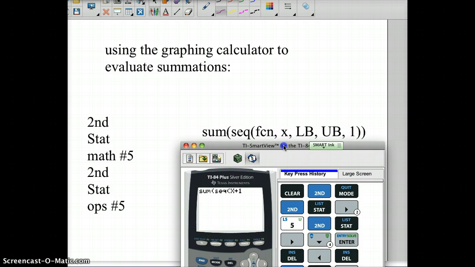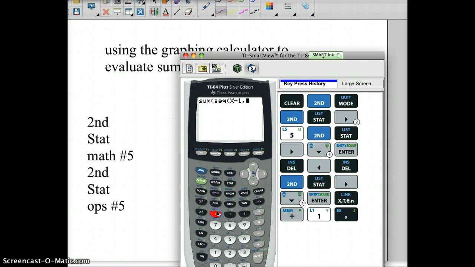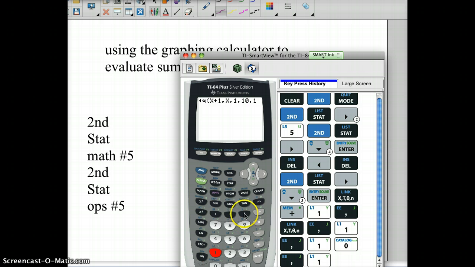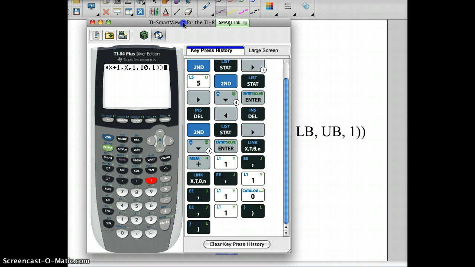So we want to type in a comma and then X, and then comma. And our lower bound is 1, and let's just go up to 10. And then count by ones. Then close the parentheses, and close them again, because you had 2 parentheses open. And then hit enter. And 65, that was the answer we got.